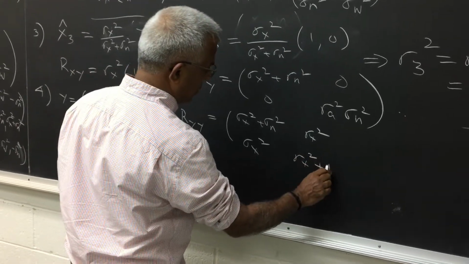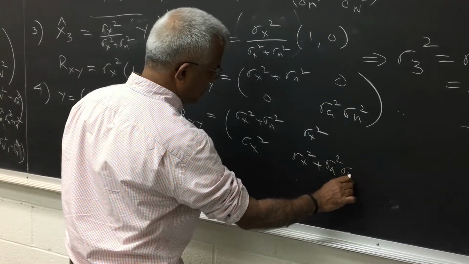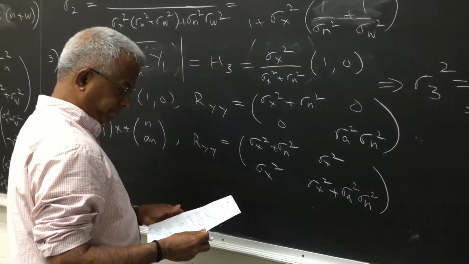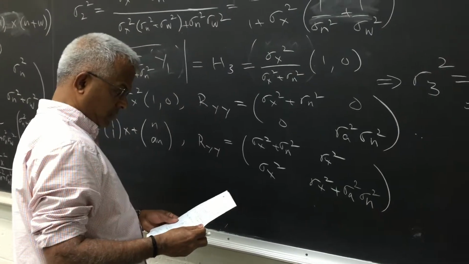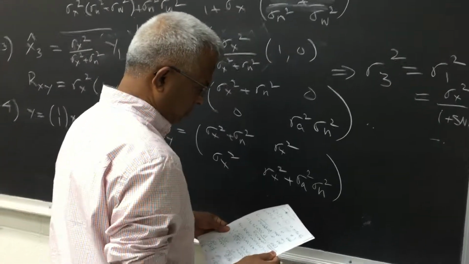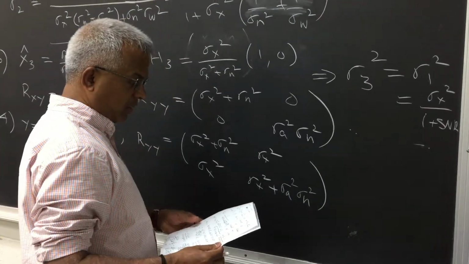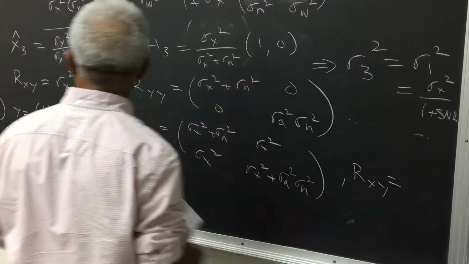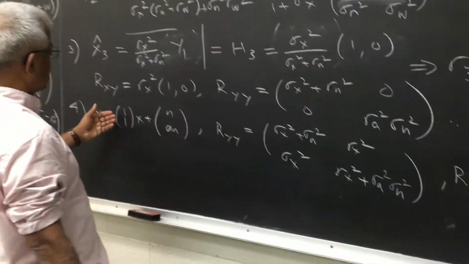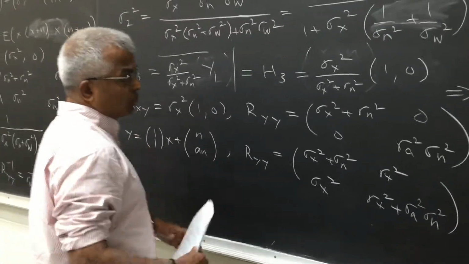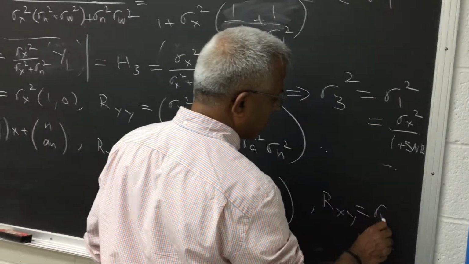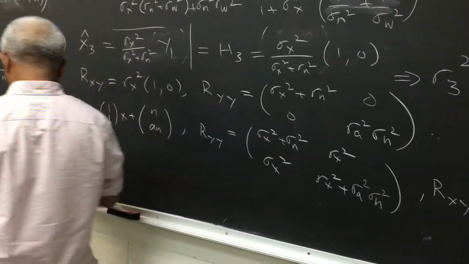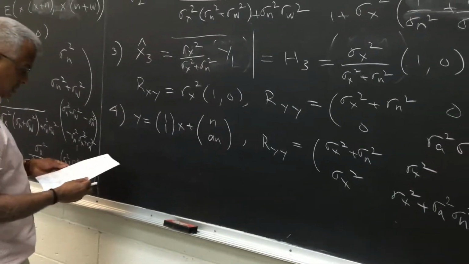The second diagonal entry will be sigma a squared sigma n squared, and Rxy in this case turns out to be, you can see here, Rxy is x with y, so it's going to be sigma x squared [1, 1]. Now if you substitute all this, I'll write down the result.